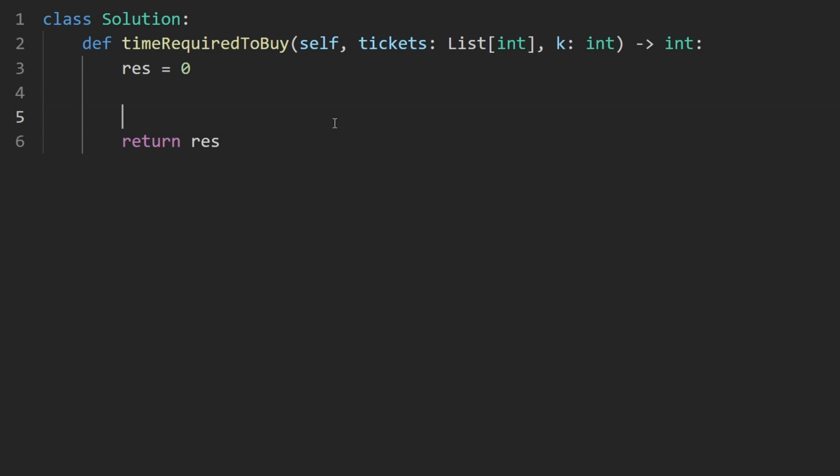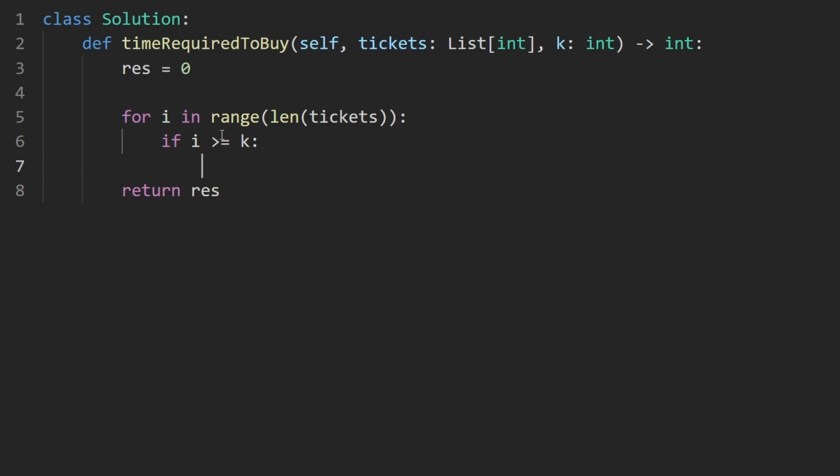So now I'm going to iterate over every position in the input length of tickets. And I am keeping track of this index because it does matter, because we know there's two cases. Either I is greater than or equal to index k, and the reason I'm saying equal is because the value at index k matters as well, or it's not. And the else case is that the index I, well, actually this should be the opposite.